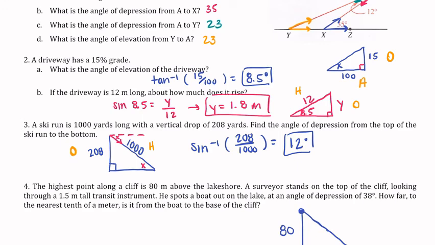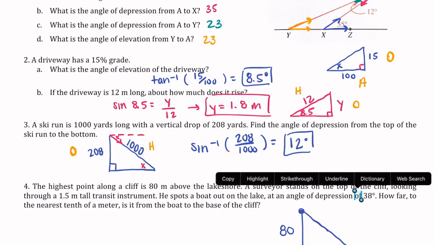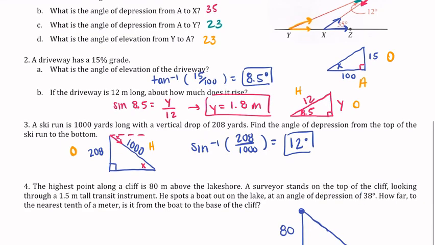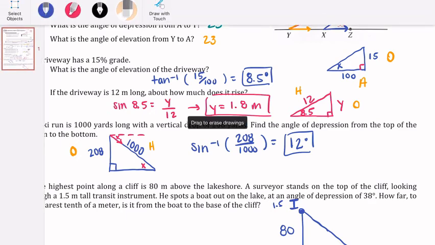Now it does not say that he is measuring from the ground. He's measuring from this 1.5 meter tall transit instrument. So there is this instrument up here that he is measuring from that is 1.5 meters. It's not really supposed to look like an eye. It was just a little thing to show I was extending my segment. Right, so that's 1.5 meters.